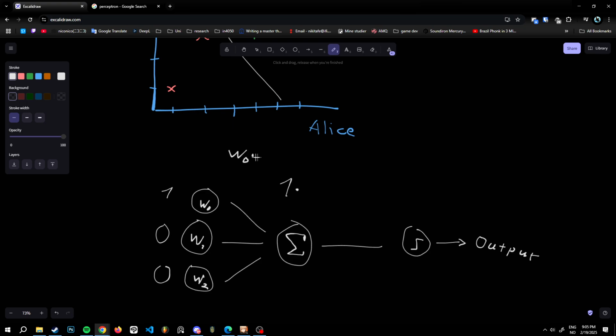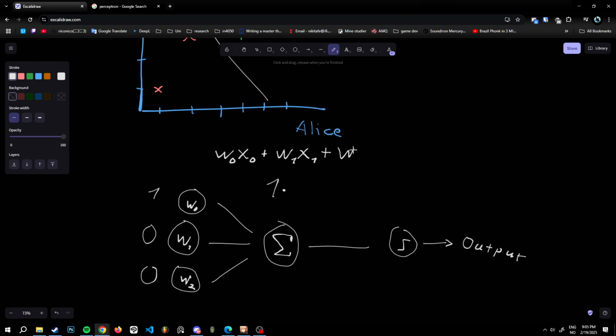We're doing a times here. We just don't need to write it mathematically, so I'm just writing it like this. And then we do plus the first weight times Alice. And then we have the second weight times Bob.